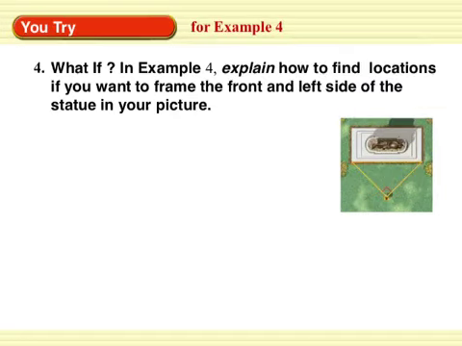Awesome. What if, in example 4, explained how to find locations if you want to frame the front and left side of the statue in your picture? With this one, it's the same. If you're going to stand over here, that's going to be your diameter.